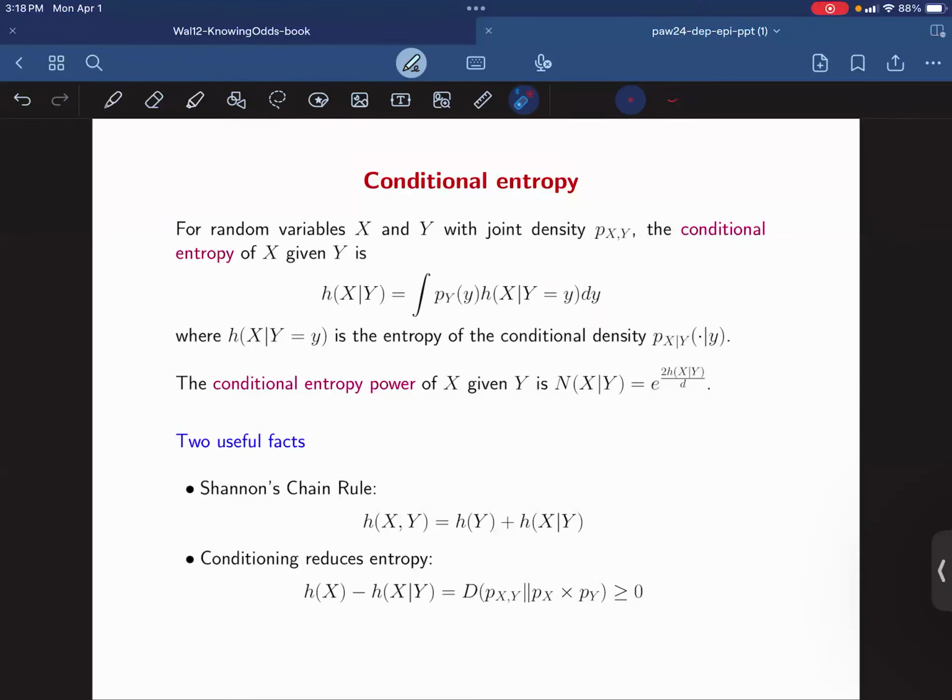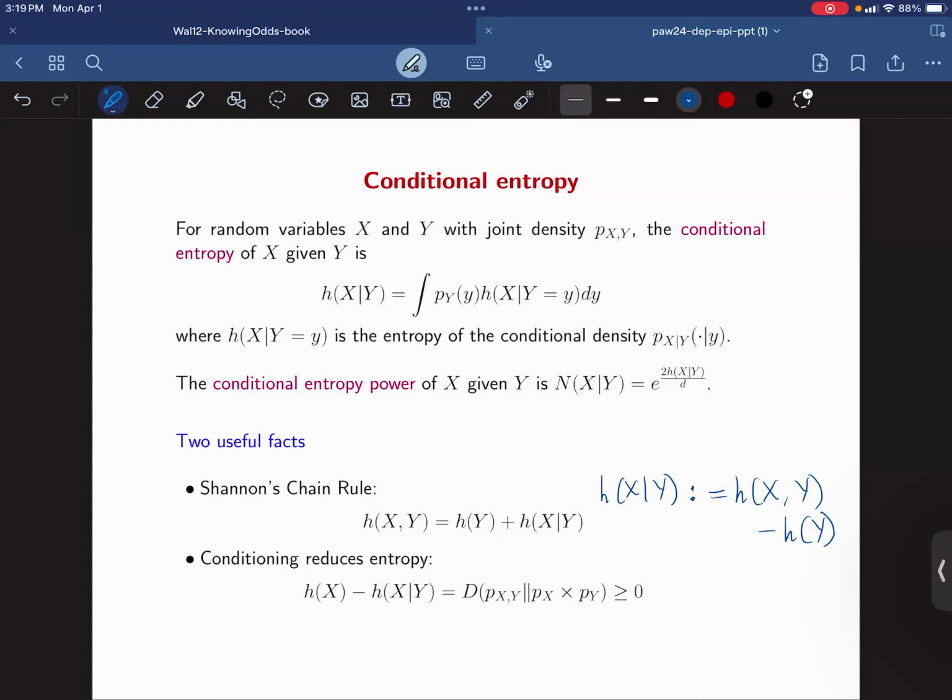Okay, so there are two useful facts about this. The first useful fact is Shannon's chain rule, which is sort of trivially proved. One consequence of this is basically the fact that the entropy of x given y, you can just define it if you like as the entropy of xy minus the entropy of y, right? You can use this as an alternative definition if you like.